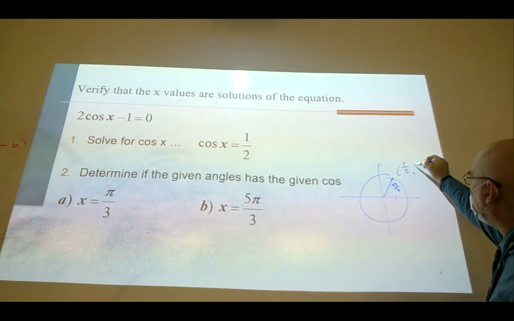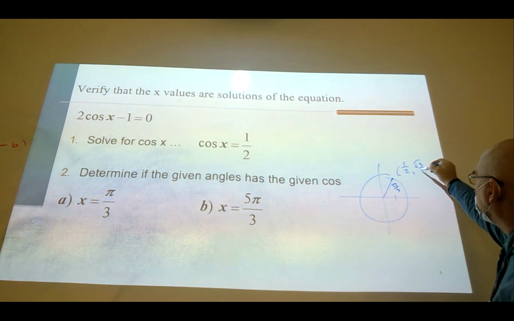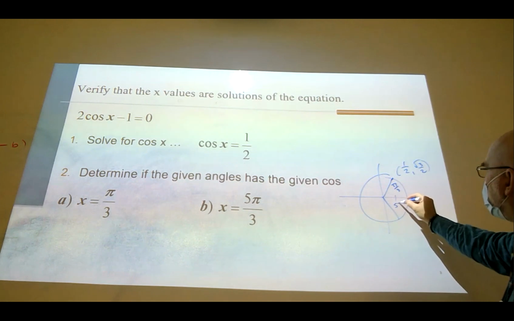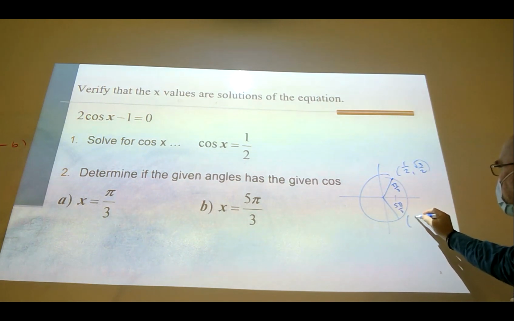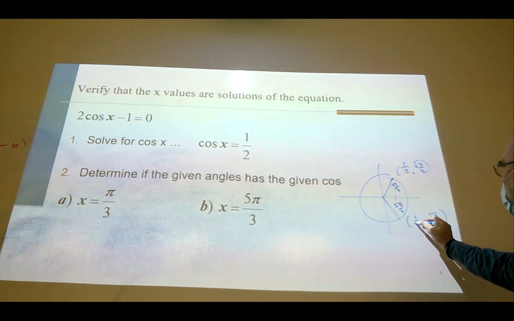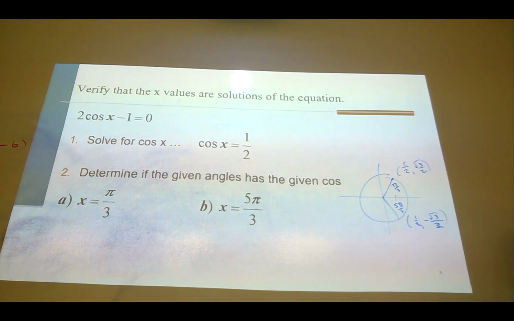So it's 1/2, square root of 3 over 2. And down here at 5 pi over 3 it's 1/2, negative square root of 3 over 2. So the two places on the unit circle where my x value is equal to 1/2 are pi over 3 and 5 pi over 3.